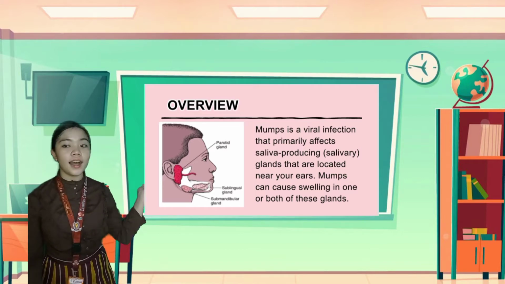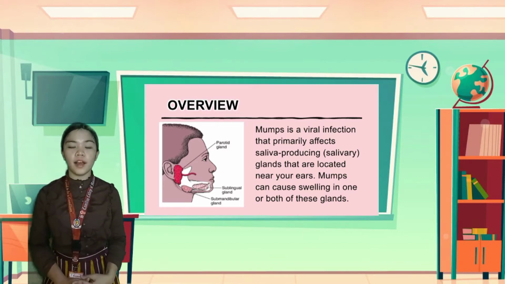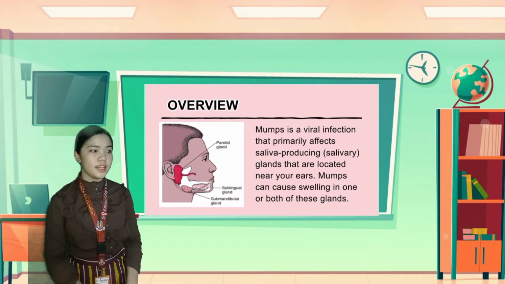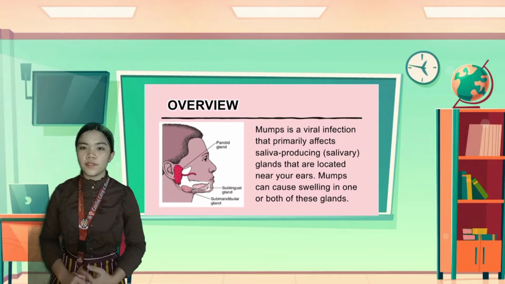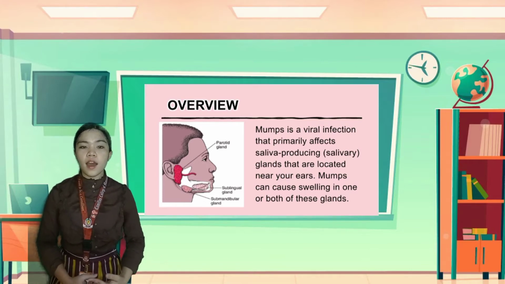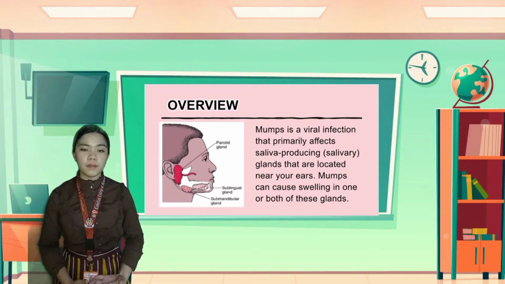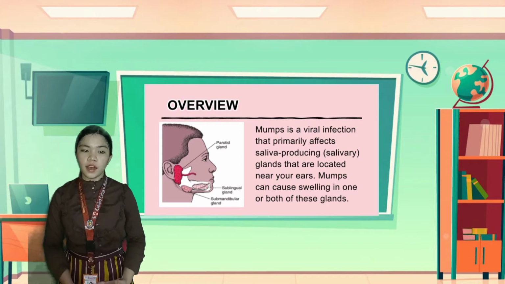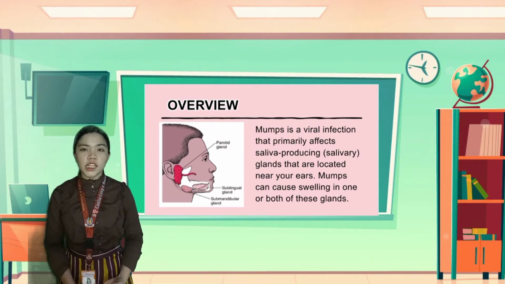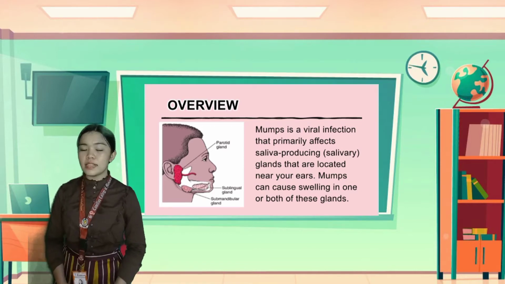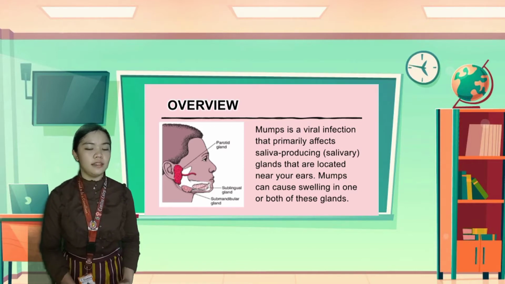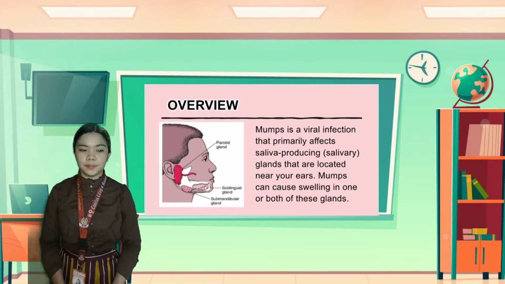Mumps can cause swelling in one or both of these glands. Usually, children are most often affected by this disease and rarely the elderly.